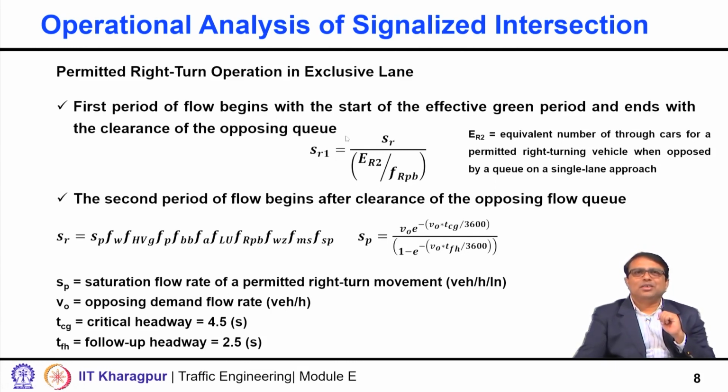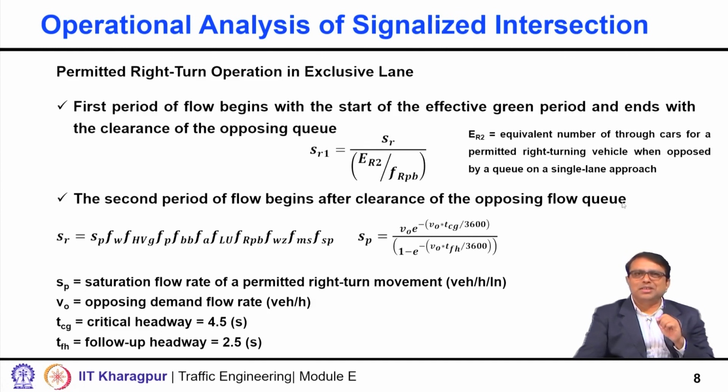So, there will be this SR going, you can see here, divided by, again two factors are considered. One is ER2. ER2 is the equivalent number of through cars for a permitted right turn vehicle when opposed by a queue on a single lane approach.